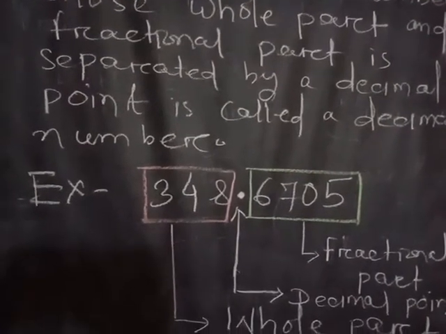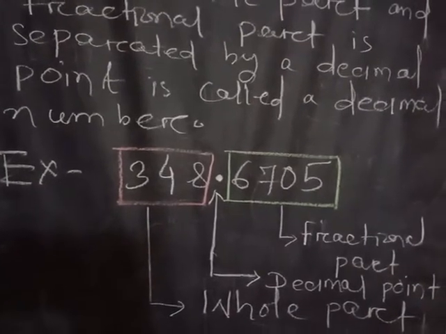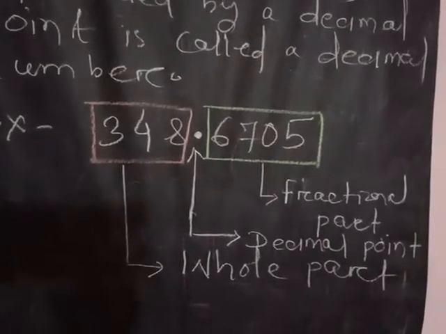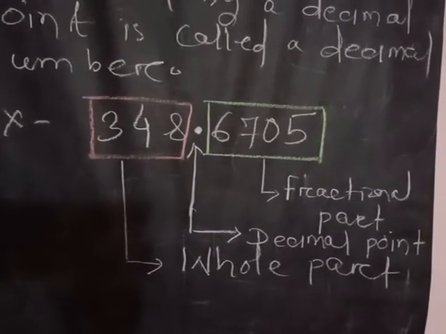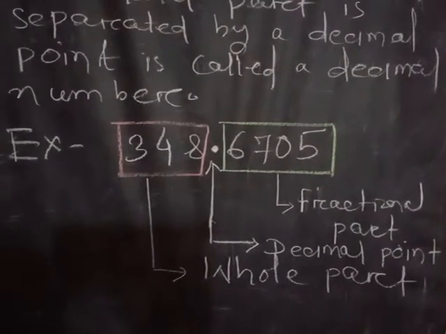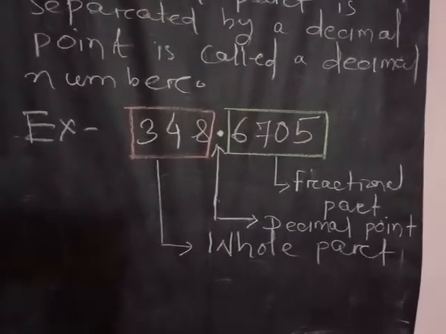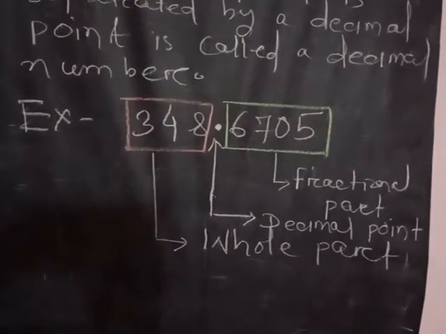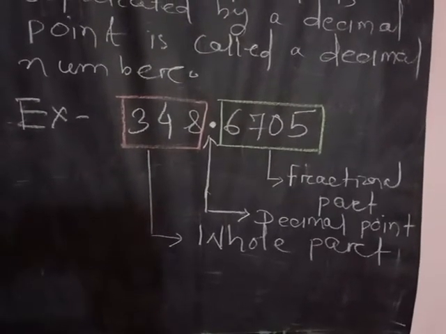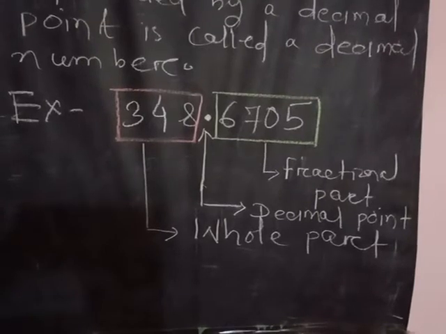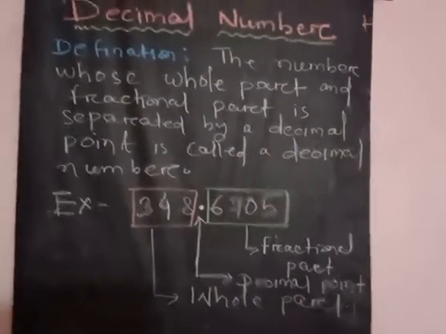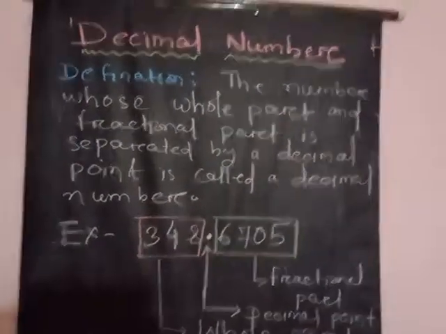In this number 348.6705, this is the decimal point, 348 is the whole part, 6705 is the fractional part. So in this concept we learn the decimal number consists of two parts separated by a decimal point. One is the whole part, the number used before the decimal point, and another is the fractional part, the number used after the decimal point. So this is the definition of the decimal number.